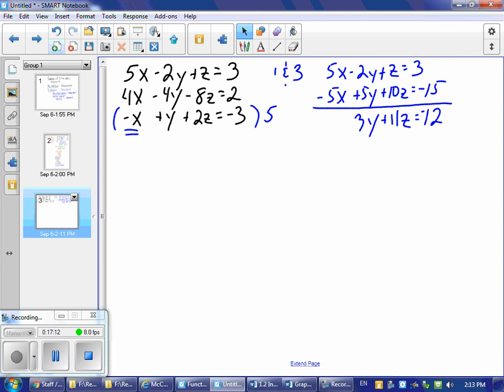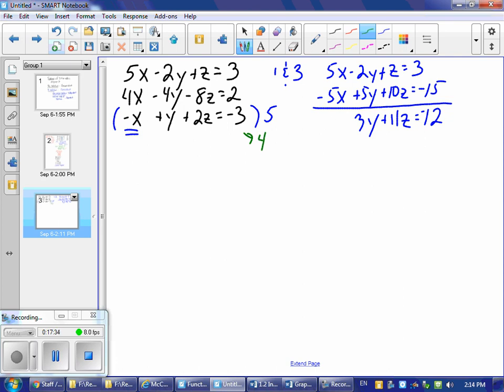All right, let's do 2 and 3. I think that makes the most sense. If we do 2 and 3, I'm now going to multiply the entire bottom equation by, I don't know how to do this the right way, let's see, we're going to multiply it by 4 instead of 5.